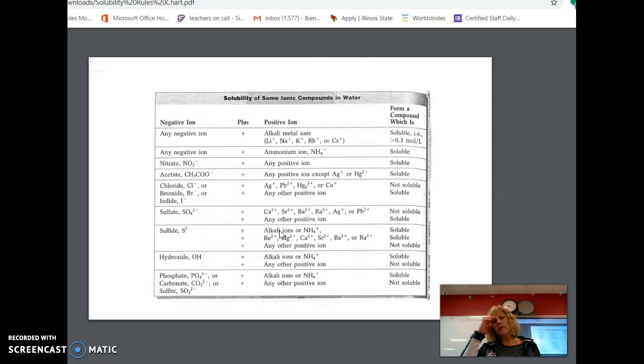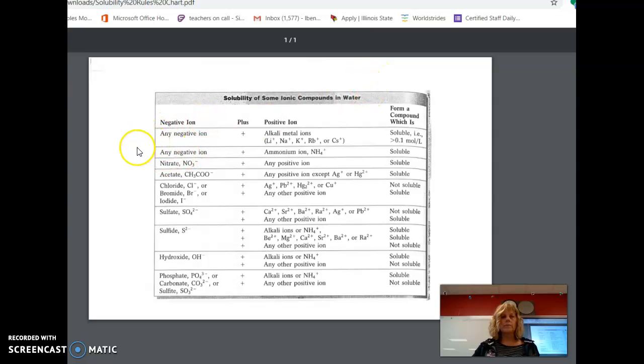If things are soluble, that means that they dissolve, in this case in water, in aqueous solutions. So this is all about whether they are soluble in water. That doesn't mean they wouldn't be soluble in some other liquids, but we're just talking about water.